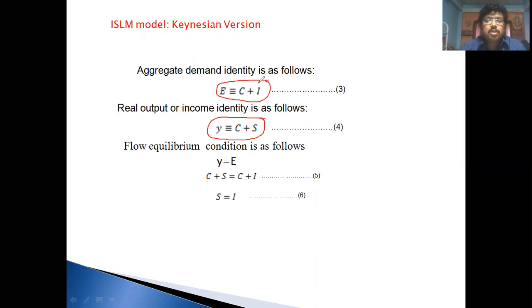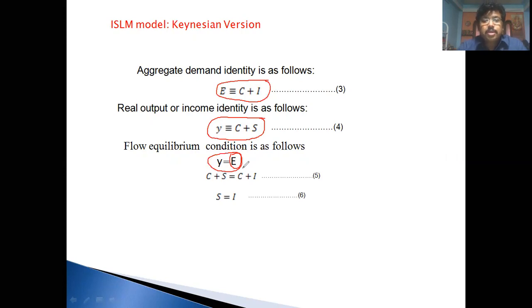Now the flow equilibrium condition, as we know, is Y equal to E. This is the flow equilibrium condition. Y, that means the income identity, and the aggregate demand identity are equal to maintain flow equilibrium.